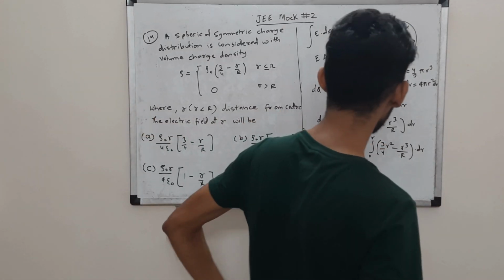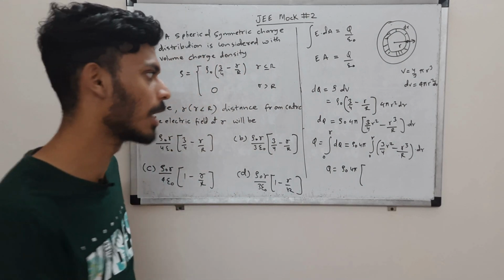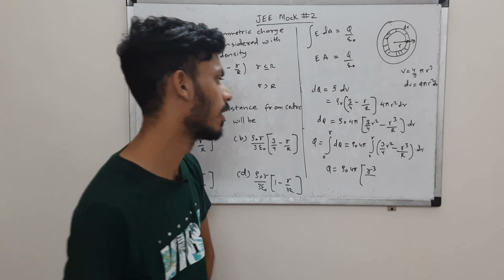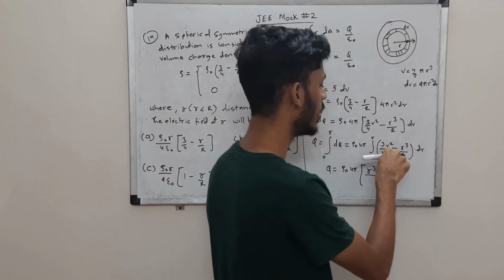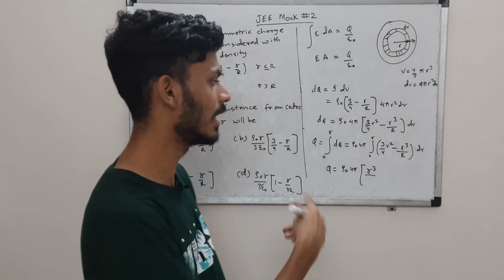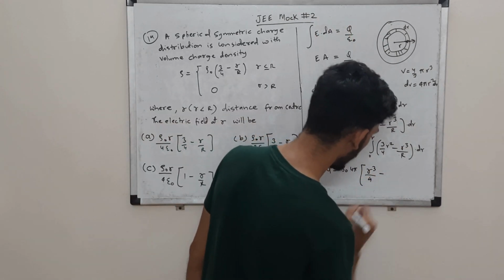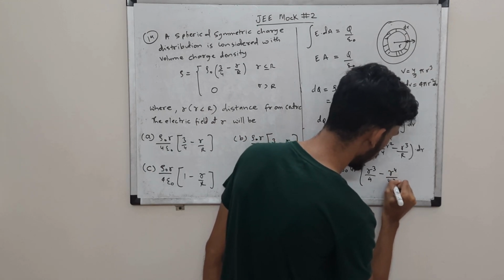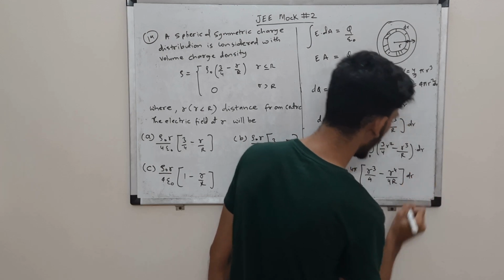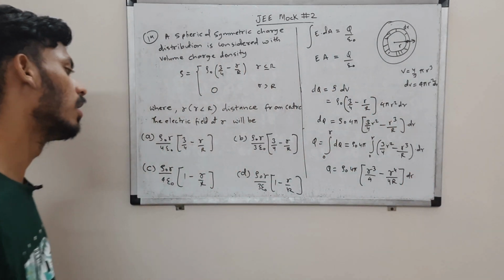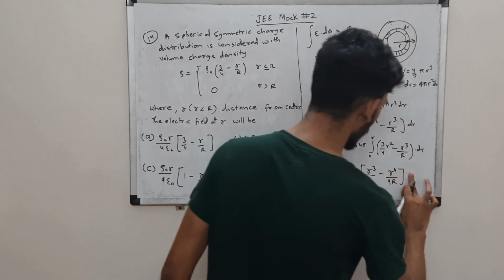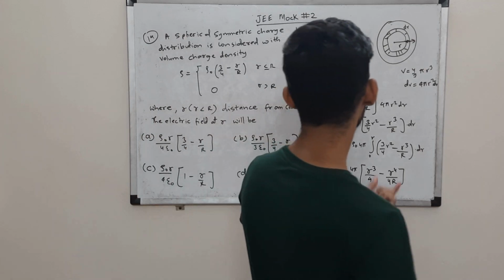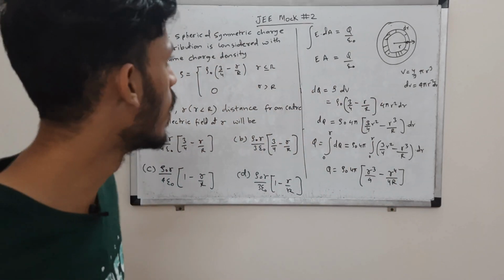Integration of 3r square will be r cube, since the derivative of r cube is 3r square. Or you can directly take the integration of r square, which is r cube by 3, and the 3 gets cancelled. And then for this one, this will be r to the power 4 by 4 into capital R, and capital R is constant. Now this dr will go since we have integrated. Just substitute this over here, and that will give you your answer.